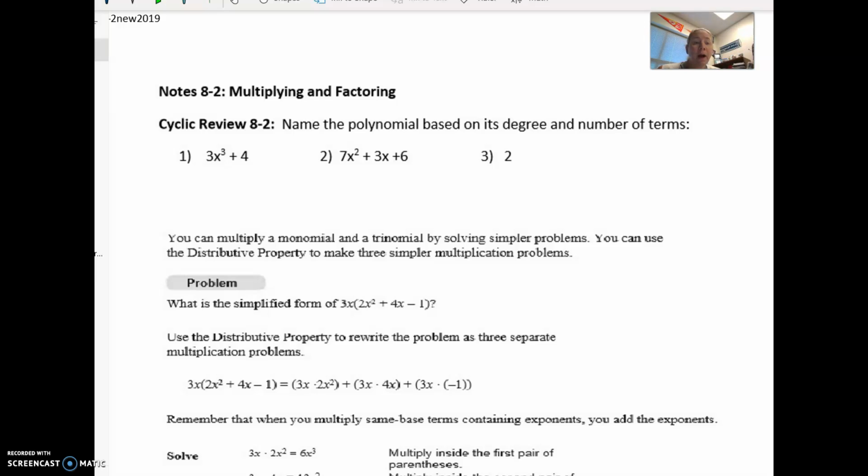So I'd like you to pause and try 1, 2, and 3 here, naming the polynomial based on its degree and number of terms. When you unpause, the answer will appear because I'm going to pause as well and write in the solution. So go ahead and pause and work out those 3 problems.